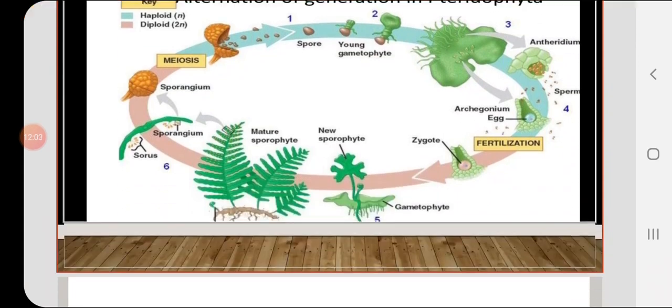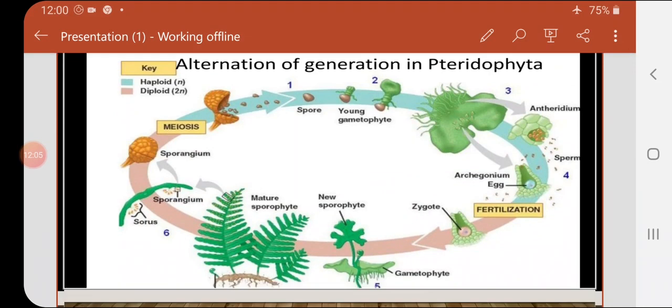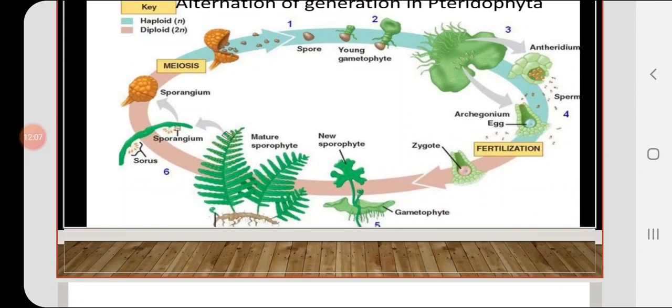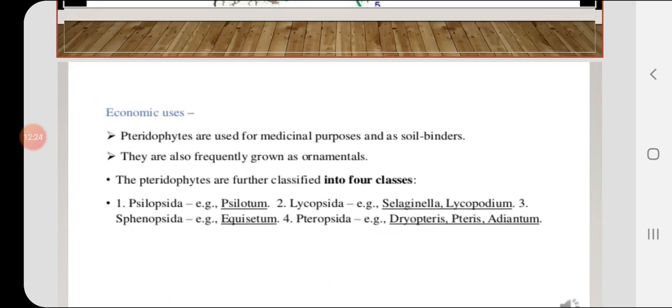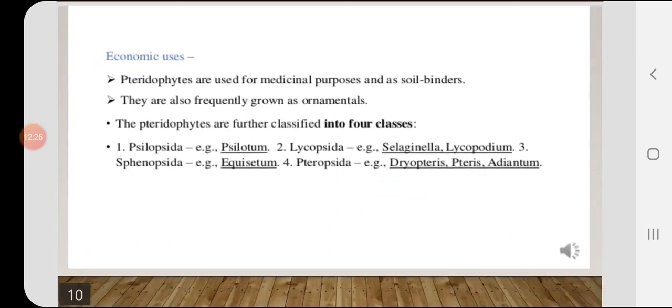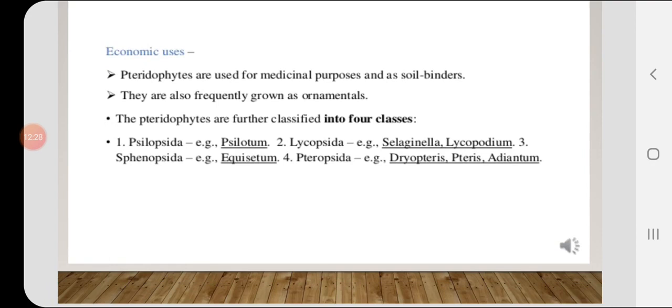Continuously it will show alternation of generation, one time sporophytic, one time gametophytic. The sporophyte will produce spores, they will produce gametophytes, gametophytes will produce gametes, and the union of gametes will again produce new sporophytes.